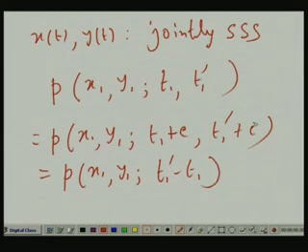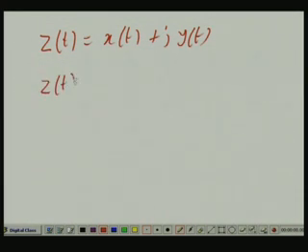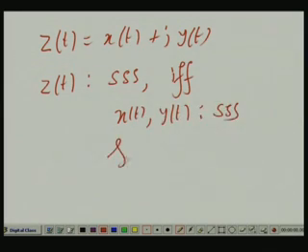All right, it is a very simple generalization. And just for definition's sake, if you have a process Z of t, which is a complex process, Z of t will be strictly stationary if, maybe if and only if, x of t and y of t both are SSS and jointly SSS.